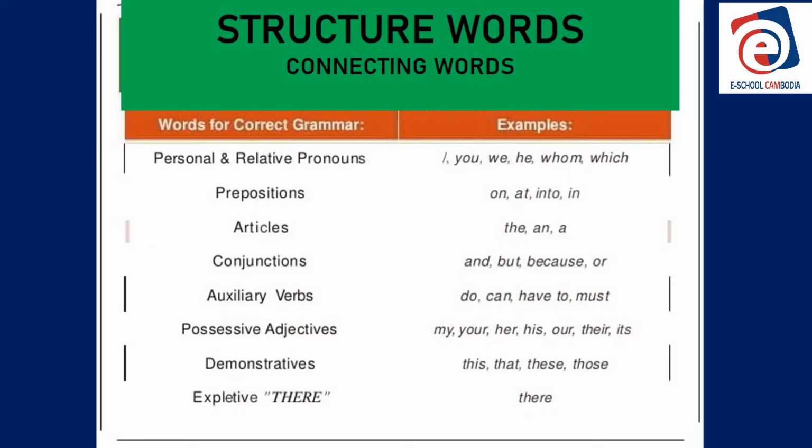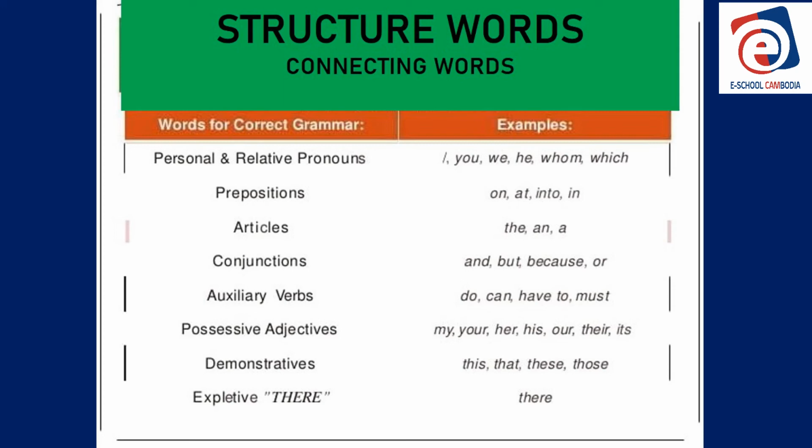If you look at this slide, these are the structure words, or we can say the connecting words. We usually do not stress the structure words or connecting words. And so personal and relative pronouns like I, you, sometimes we do. Sometimes we do stress these words, but usually we do not.